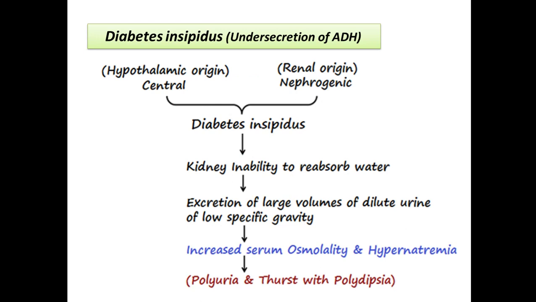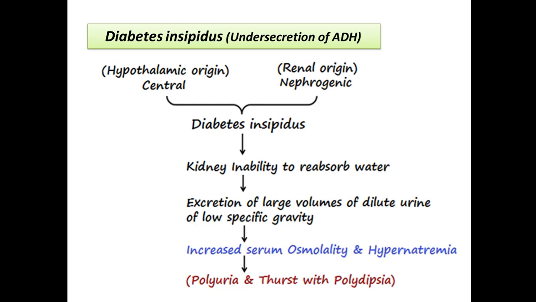In diabetes insipidus, there is decreased secretion or lack of antidiuretic hormone. And as what happens in diabetes mellitus, in which the glucose or sugar excreted in urine causes polyuria, increased urine, and polydipsia, automatically it will lead to increased thirst.